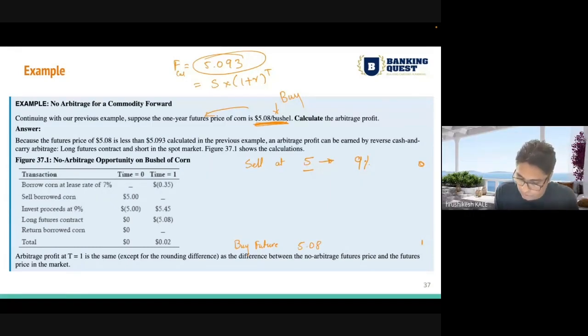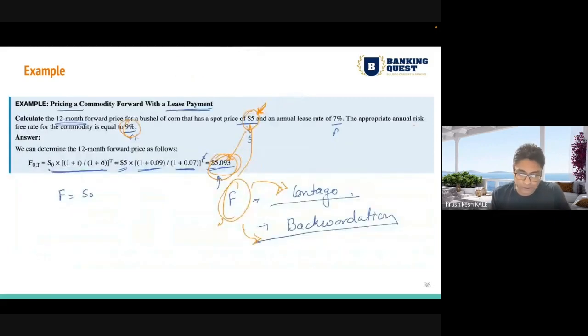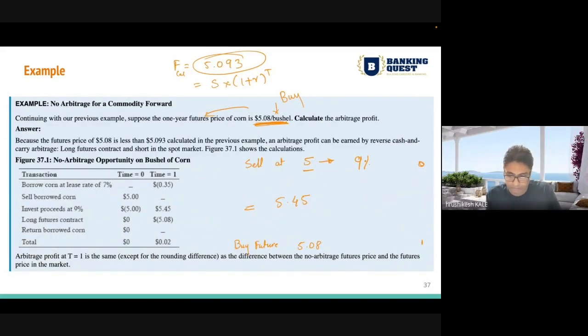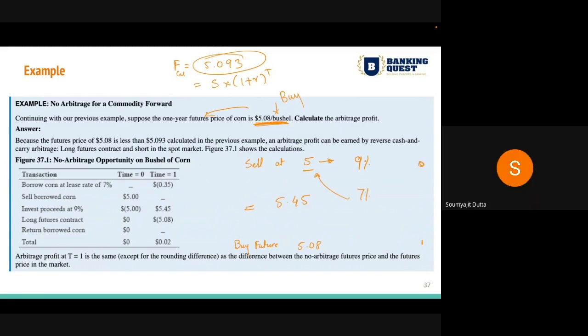Okay. But if you could have kept it, you were supposed to get 7% annual lease rate. You lost that. You understood what I'm talking about? So can you calculate 7% of 5?